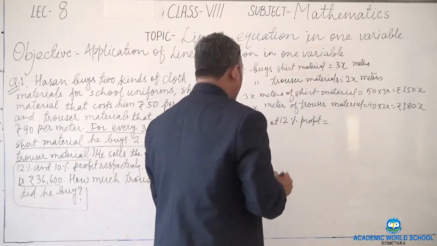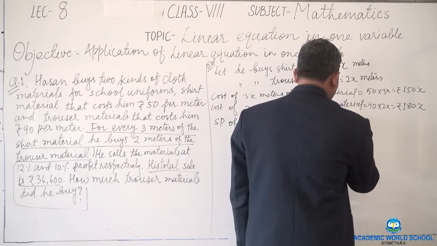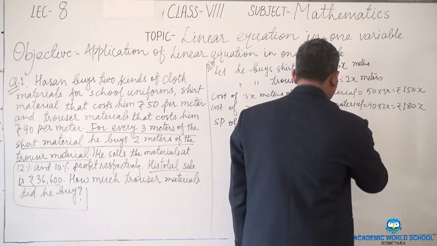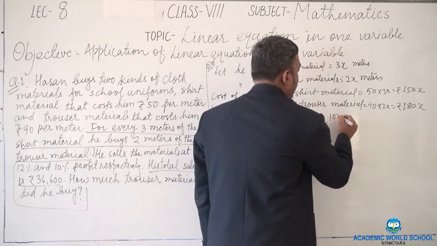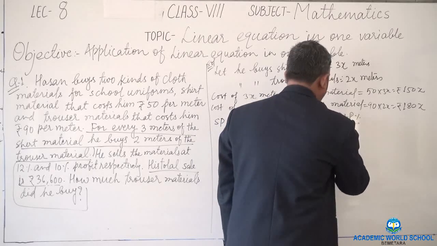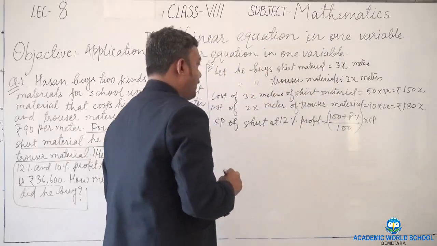Okay, so we know the formula to calculate the selling price, which is (100 plus profit percentage) by 100 into CP. You see that?